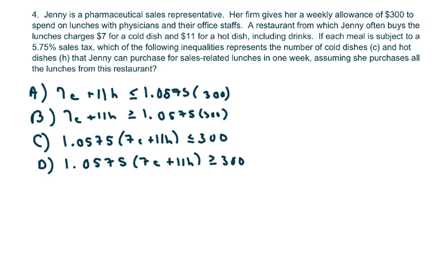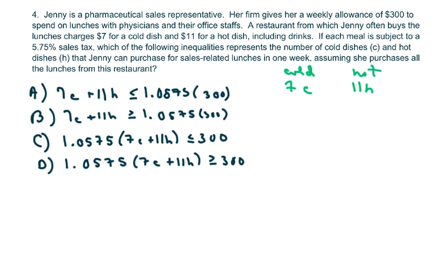So basically, the way you want to write this is the amount she spends on cold dishes is 7C, and on hot dishes is 11H. So this is cold and hot.